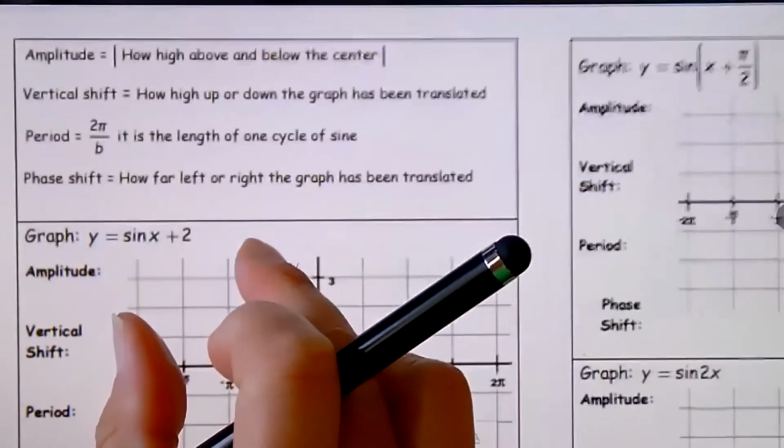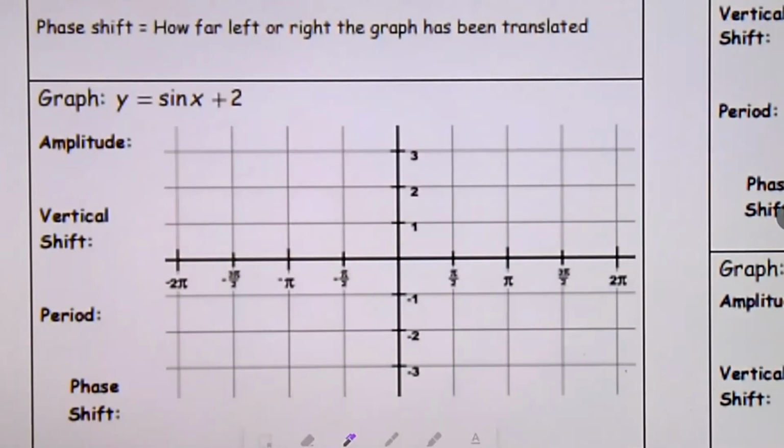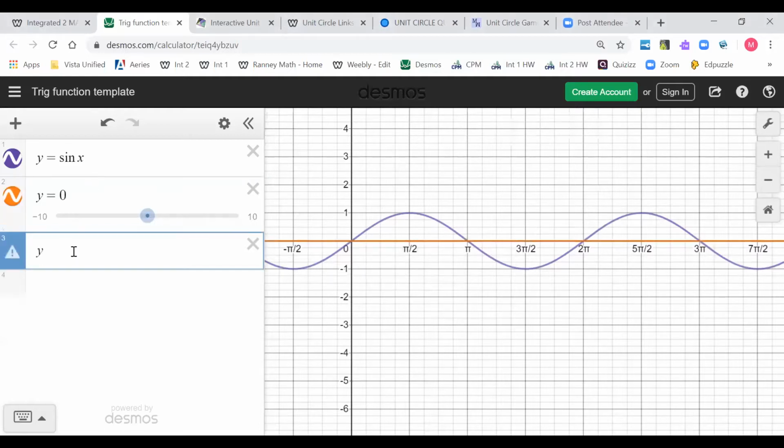Okay, so let's take a look at this one here. y equals sine x plus 2. So this was our sine. Now I'm going to enter y equals sine x plus 2.